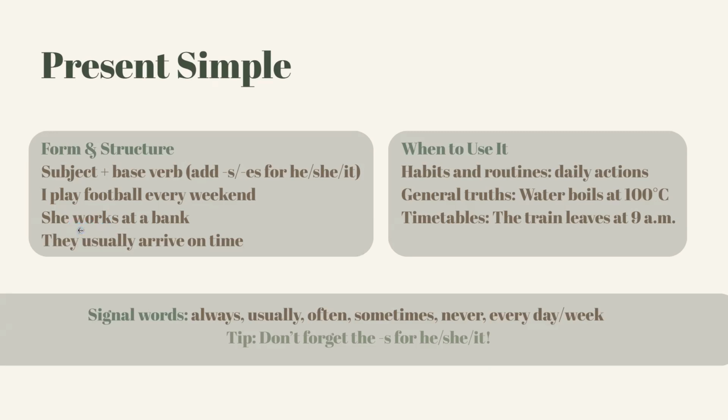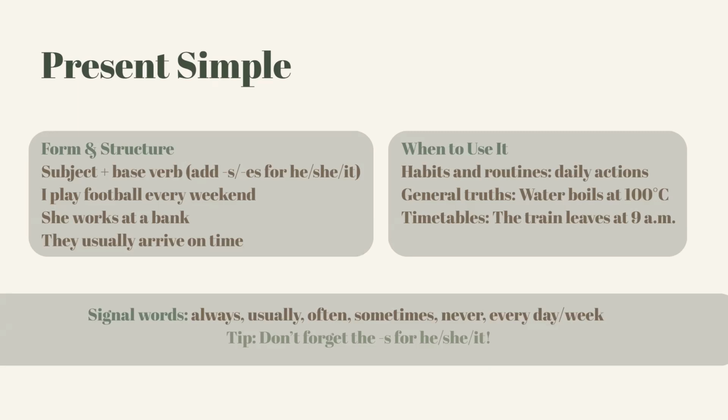And if we want to tell where she works, we can say she works at a bank, maybe she works at a hotel, or maybe she works at a pool. I don't know. She can work anywhere, basically. But she is continuously working there, right? It's not like she's just working there for a day and then changing her job the other day. She's continuously working. It's a habit of hers.